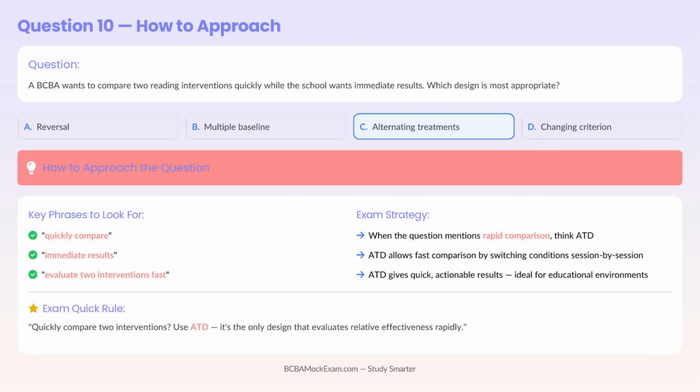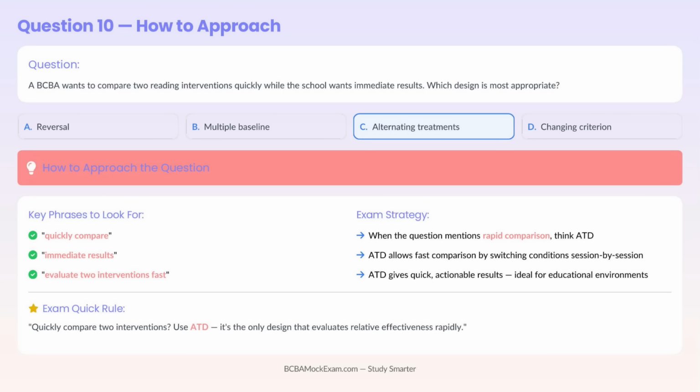To approach this question, pay close attention to phrases like compare two interventions quickly and immediate results. These phrases point directly to the need for speed in evaluation. Alternating treatments is the only design that can compare interventions rapidly by switching conditions session by session.